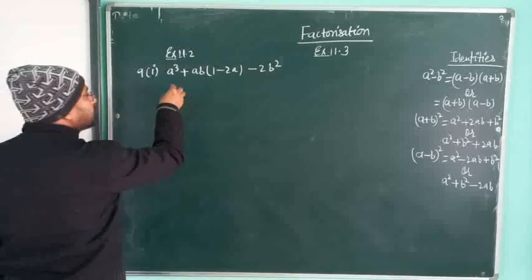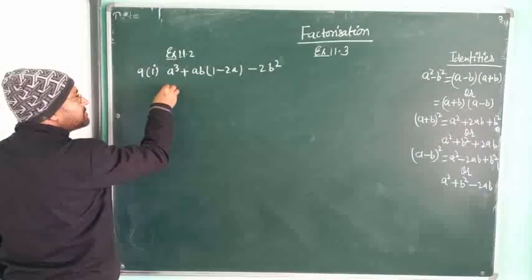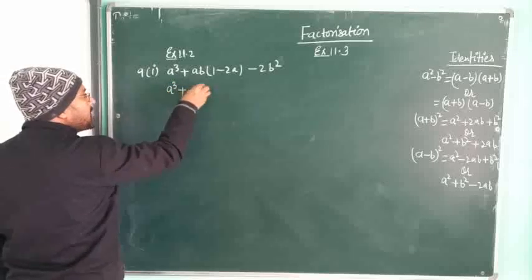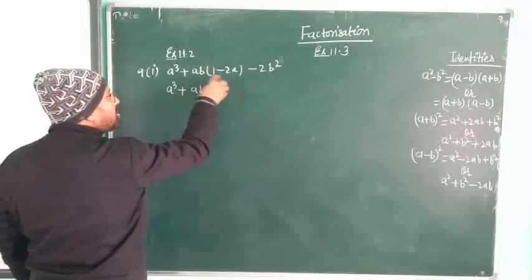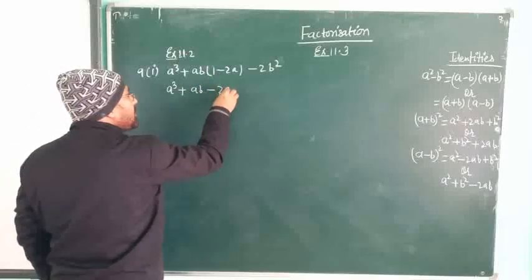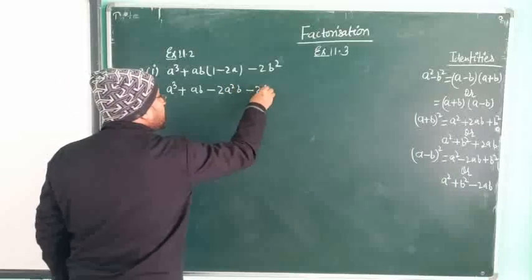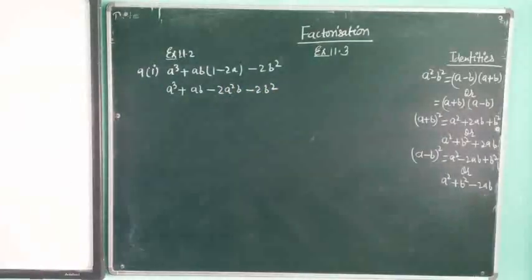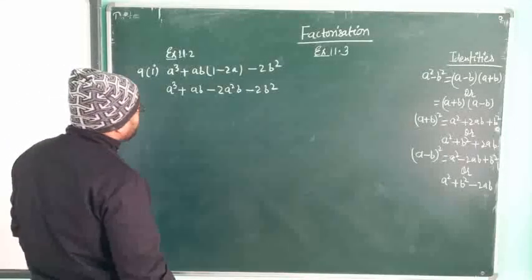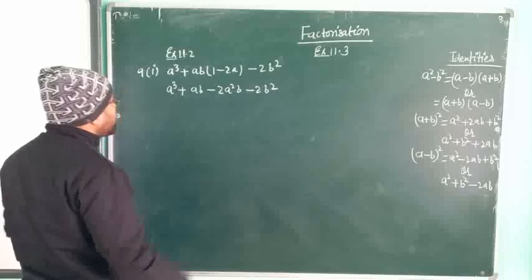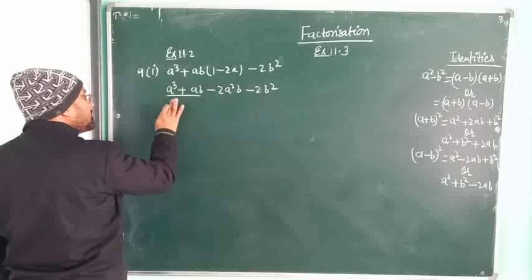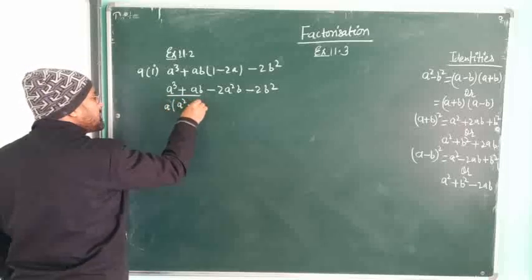So listen carefully. a to the power 3 is there, plus ab. I can break this one: ab is going to be multiplied by 1 as well as minus 2, so minus 2a square b and minus 2b square. Then you can see what is common there. If I take a common from the first two terms, a square is remaining and plus b.